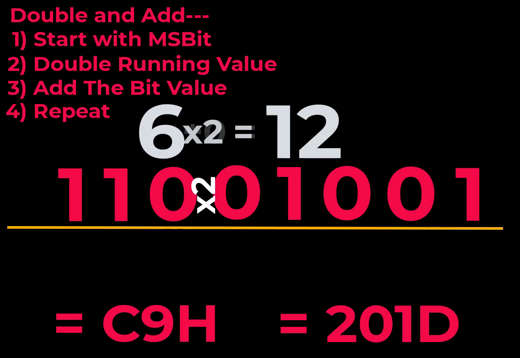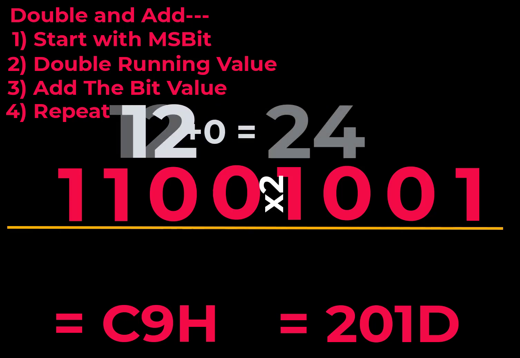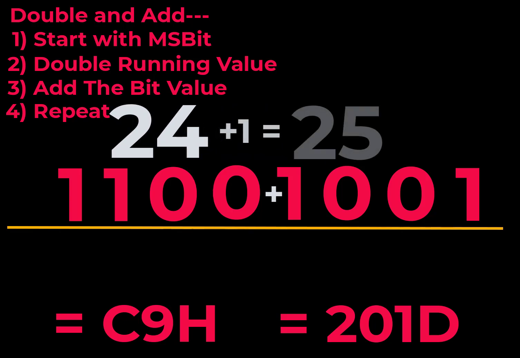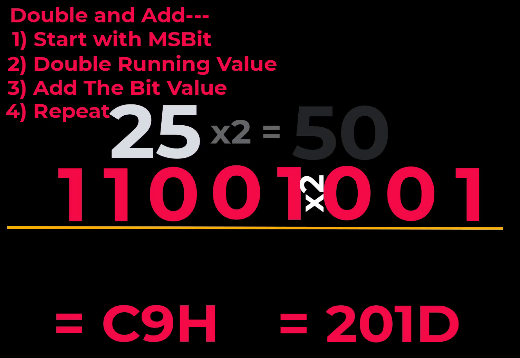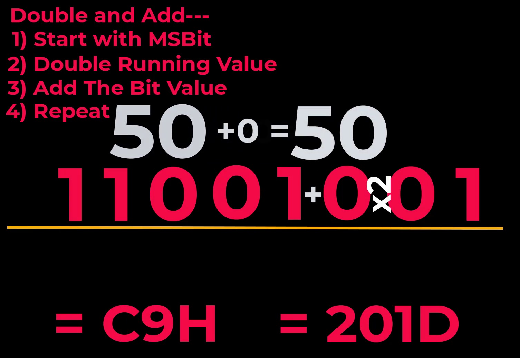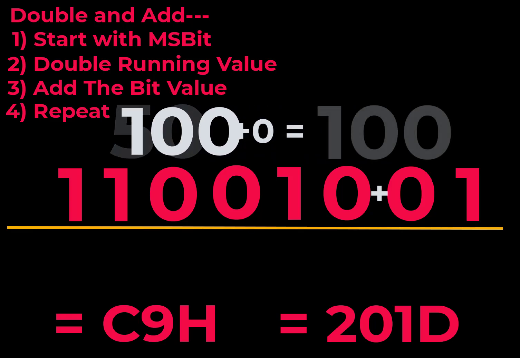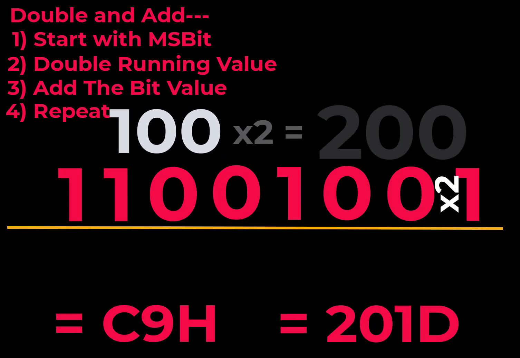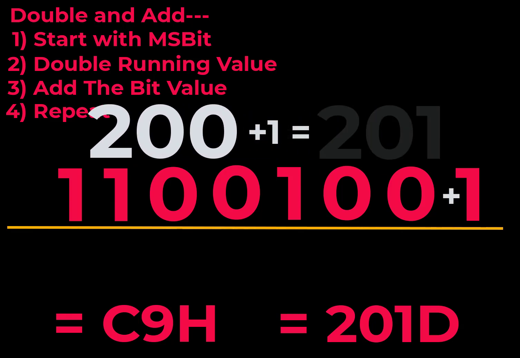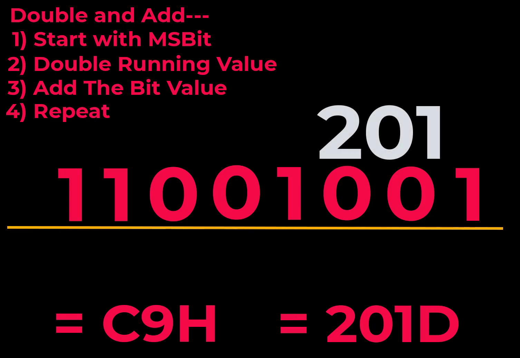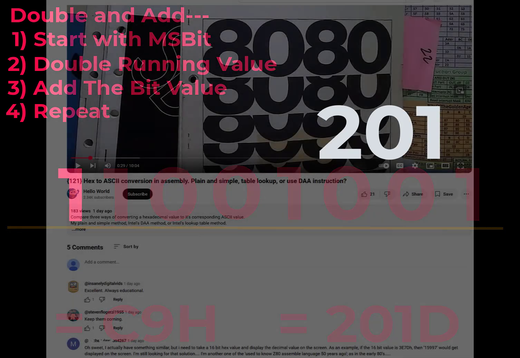Double to 12, still 12. Double to 24, add 1 to make 25. Double to 50, still 50. Double to 100, still 100. Double to 200, add 1 to make 201. You can check it with the calculator, but C9 hexadecimal is 201 in decimal.